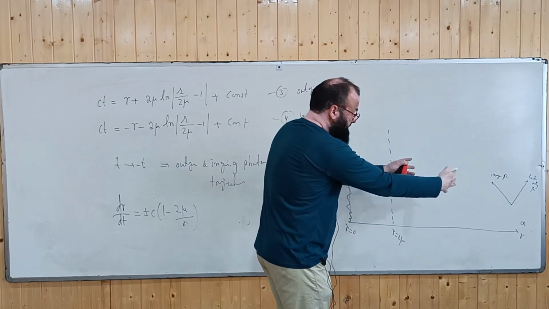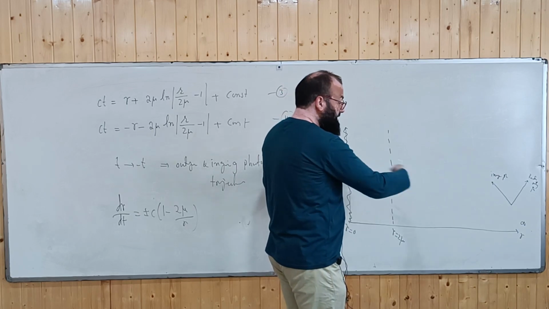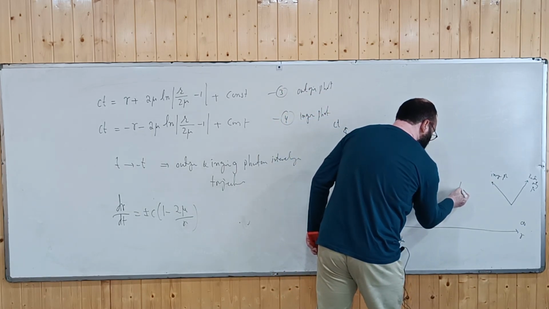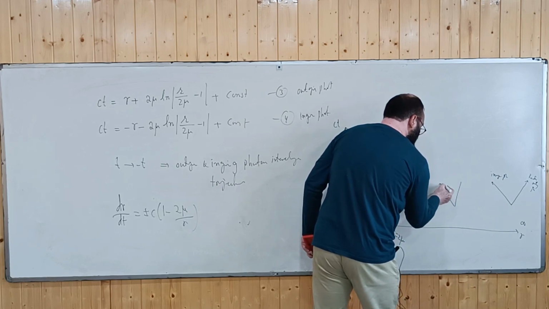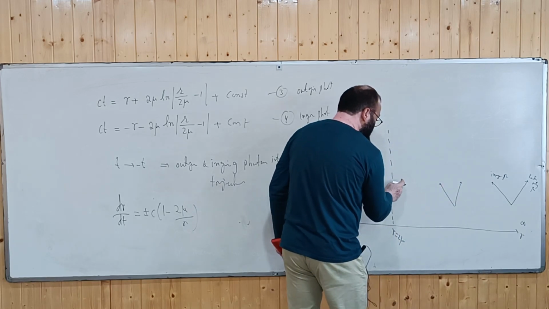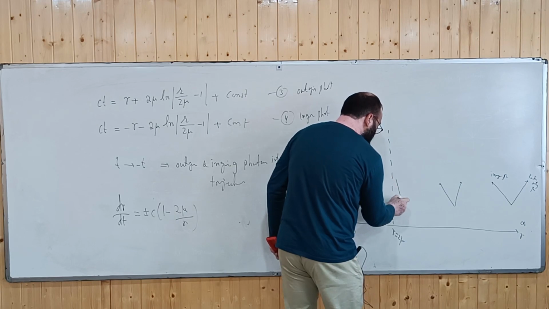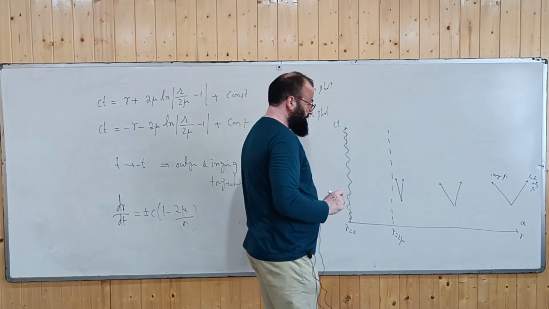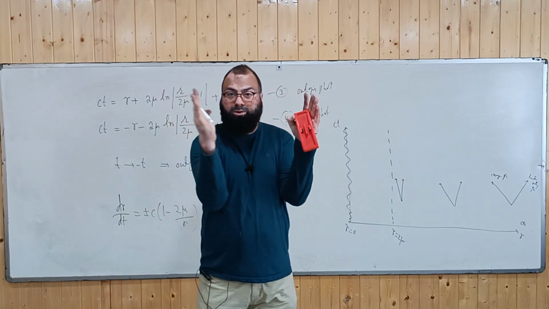Now when this photon enters this kind of geometry, what will happen to this thing? It will shrink. It will go like this. What happens here when it reaches the horizon? The slope will become infinite. So that means this light cone closes up.